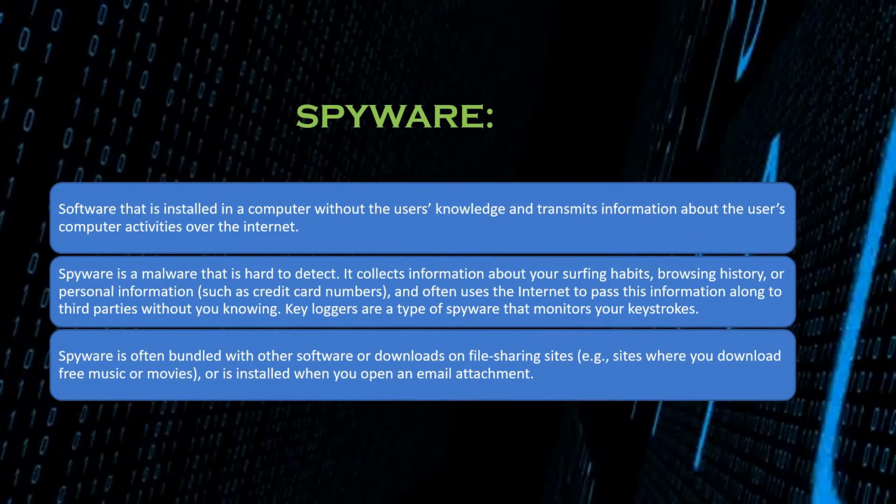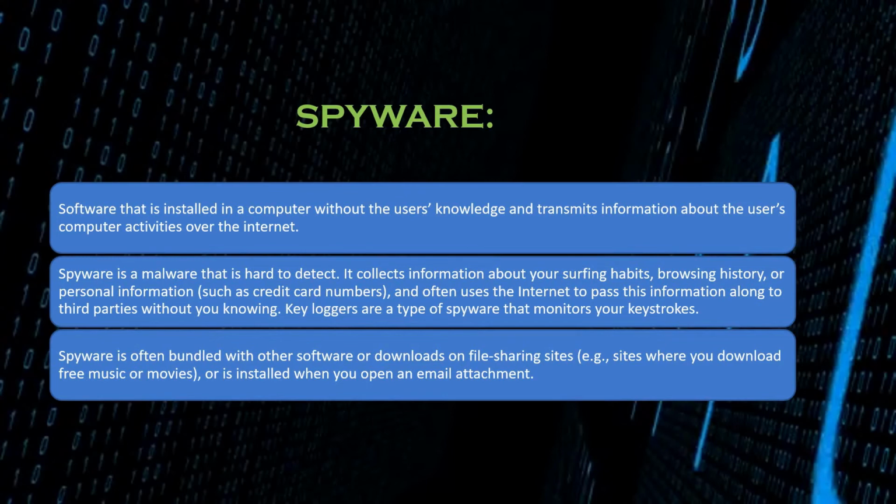So now, spyware. Spyware is basically malware, but here it is made to collect information about your surfing habits, your browsing history, or any personal information which you are typing on your computer, right? So keyloggers, you might know that thing. What do keyloggers do?